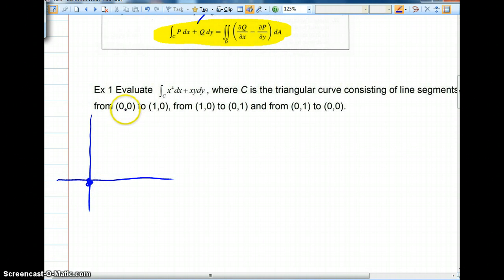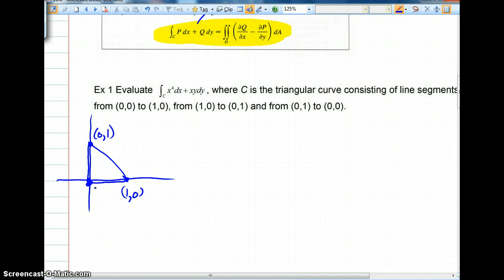We'd go from 0,0 to 1,0, from 1,0 to 0,1, and then from 0,1 down to 0,0.